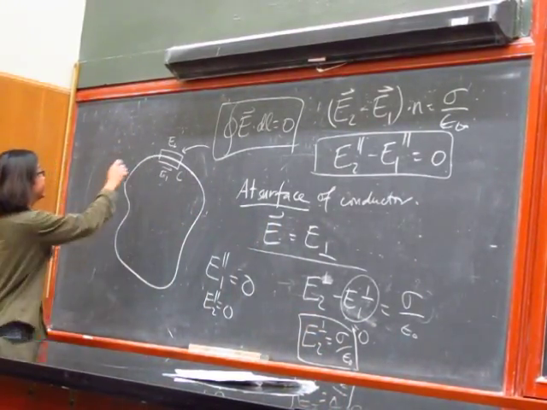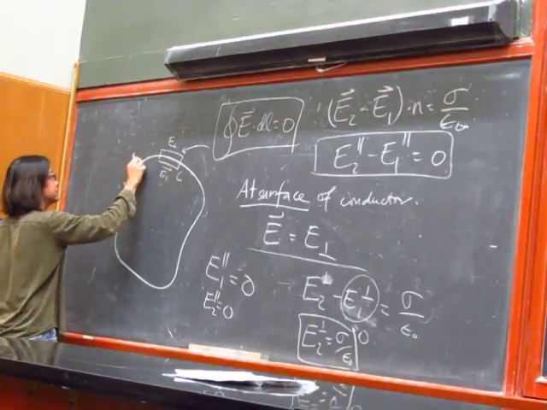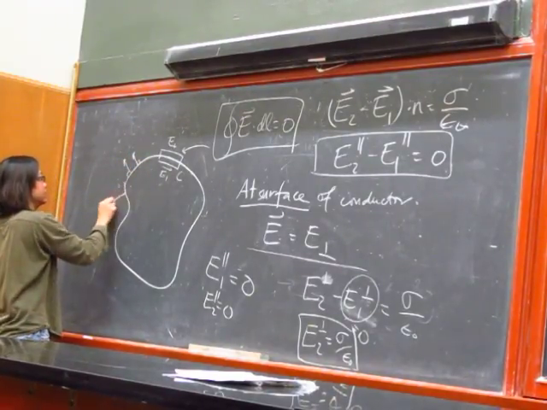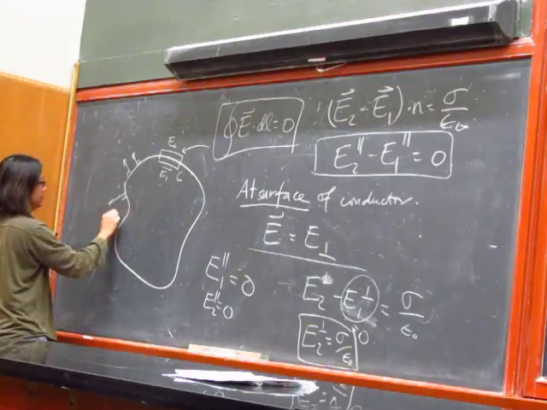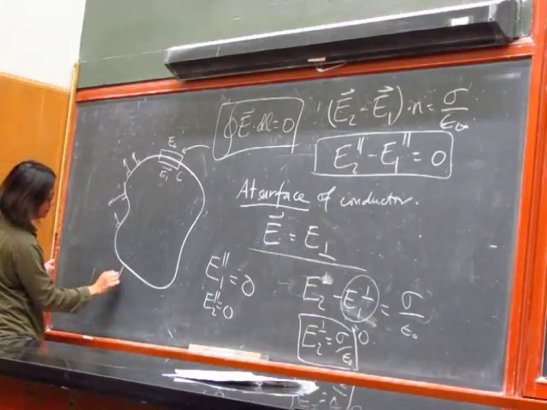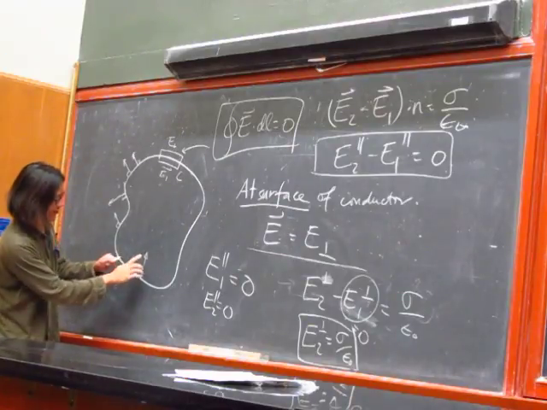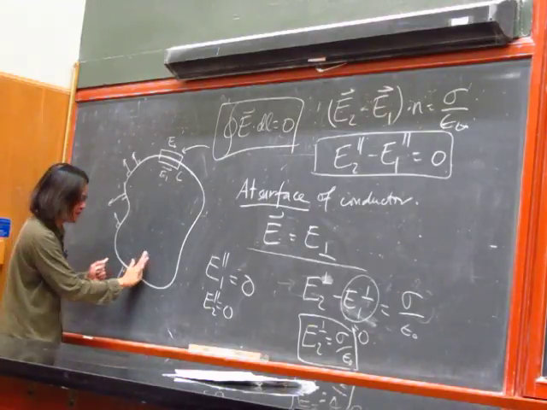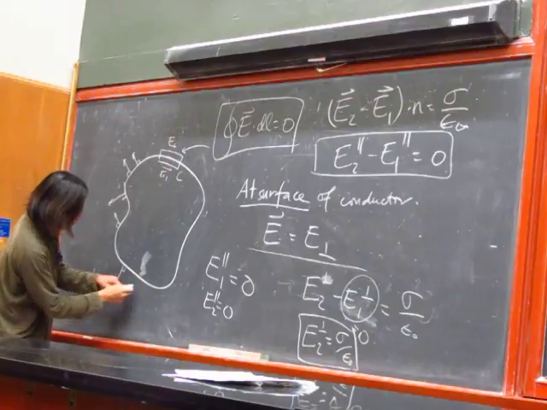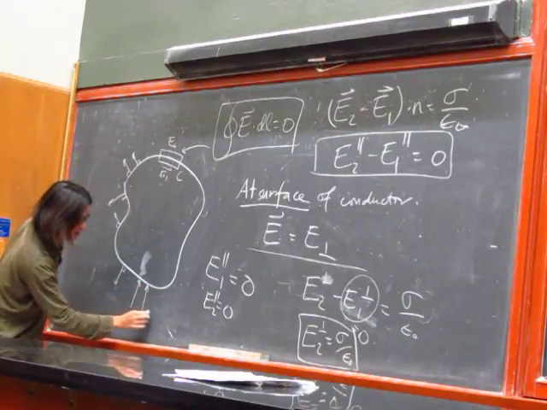So everywhere on the conductor, right at the surface, the electric field is normal. Or it can be pointing inward. When I make things point inward, it doesn't mean that there is electric field inside. It can point inward like that.